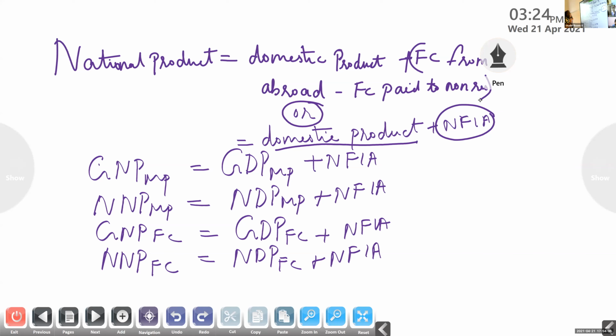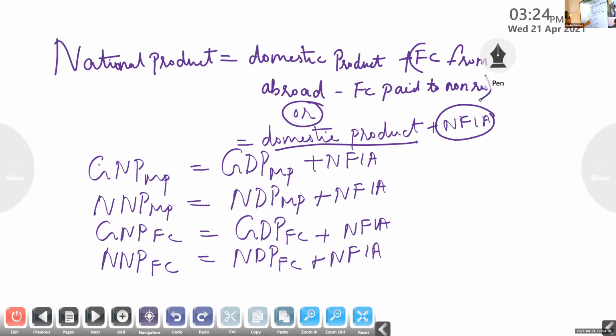Okay. Now we are coming to gross national product at market price, net national product at market price, gross national product and net national product at factor cost. Here GNPMP means gross national product at market price.